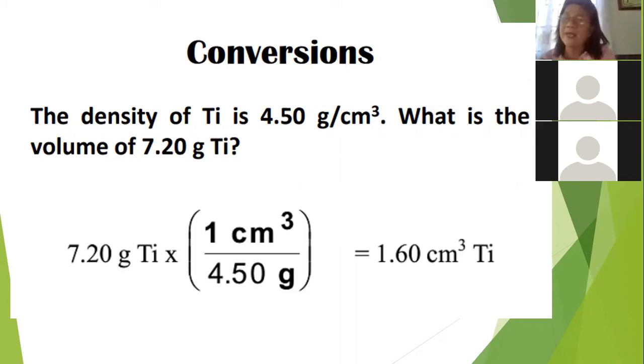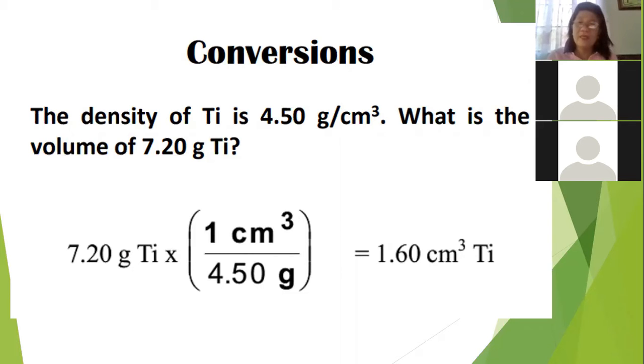If you talk about mass, there are many different units. It could be in grams, kilograms, or pounds. Okay, how are you going to convert it? In 1 kilogram, how many pounds? That is 2.2 pounds. In 1 kilogram, how many grams?